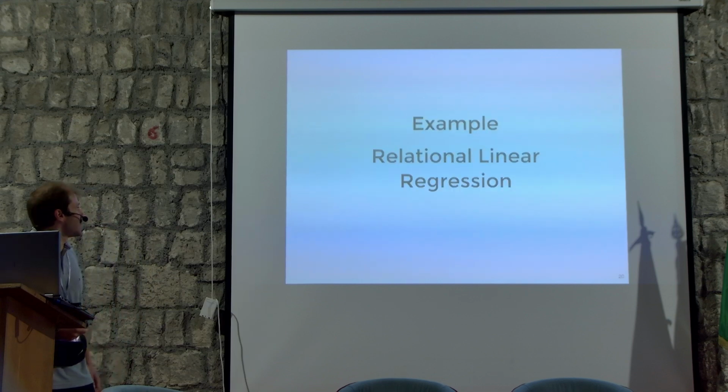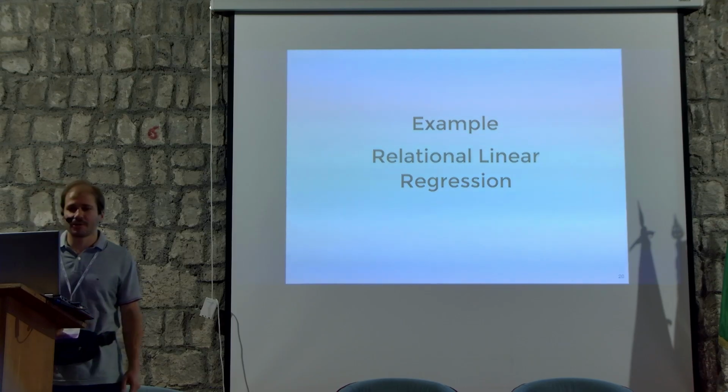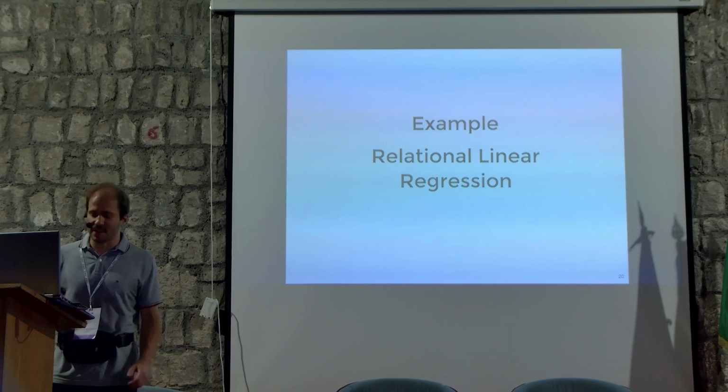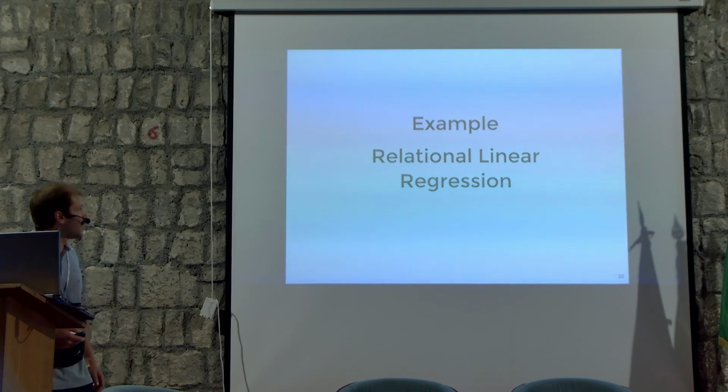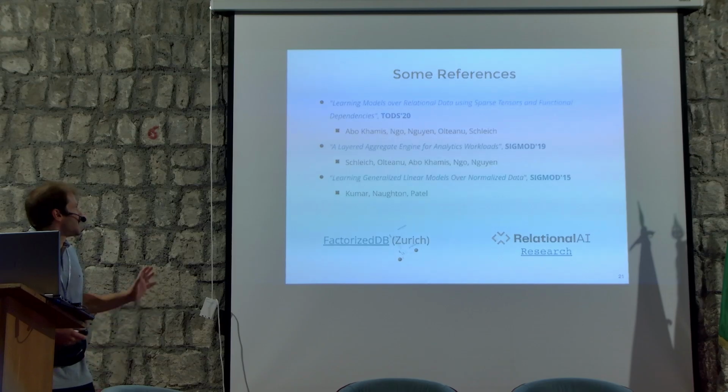So let's start by taking a look at our first and only example of a relational algorithm, which is the textbook linear regression algorithm in the relational setting. This example is based on a few papers which are a result of collaboration between Relational AI and the database group at UZH. And there are also some related lines of work coming from UC San Diego, among other places.